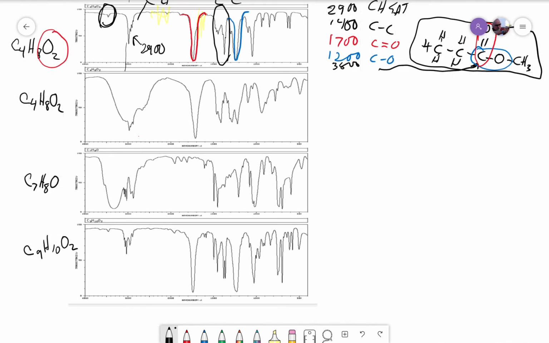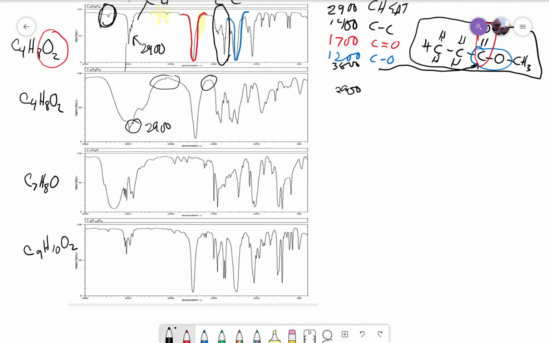If we look at the second compound, we can go back and do the same thing, and I can see that there's maybe the 2900 peak peeking out of that big peak there, and there really is nothing at 2300 or 1600, which suggests this is anything other than a saturated system. So I have my 2900 peak.